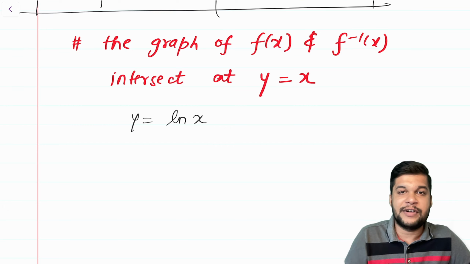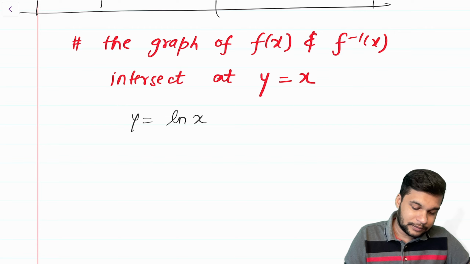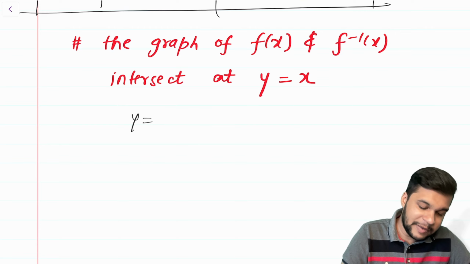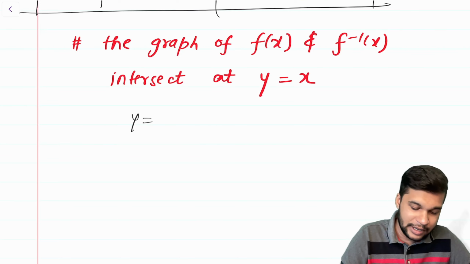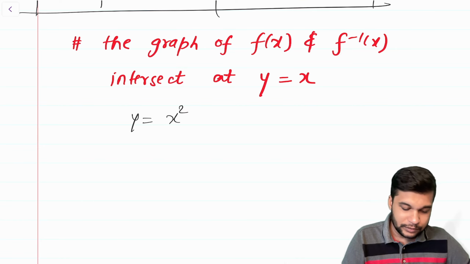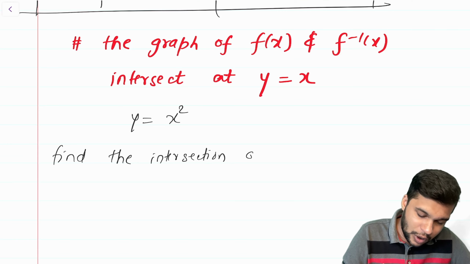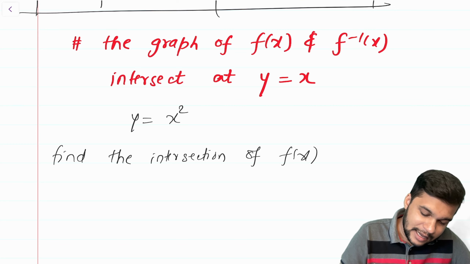Or hold on, let me take an easier example so it becomes easy for you to calculate. Let's say you have y equal to x square. The question is, find the intersection of f(x) and f inverse of x.